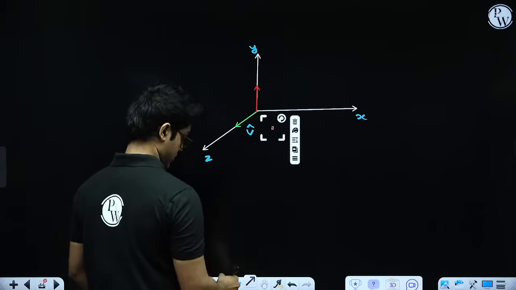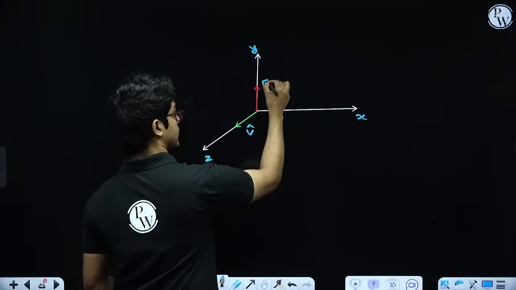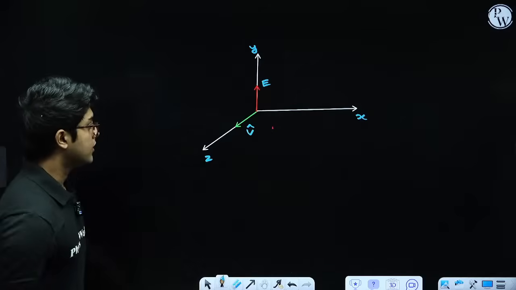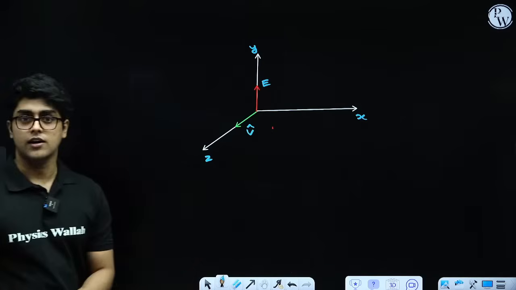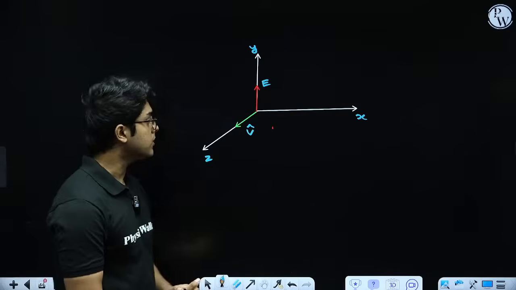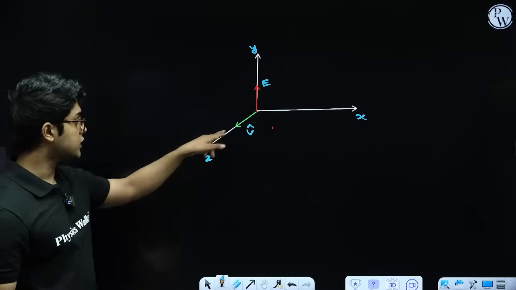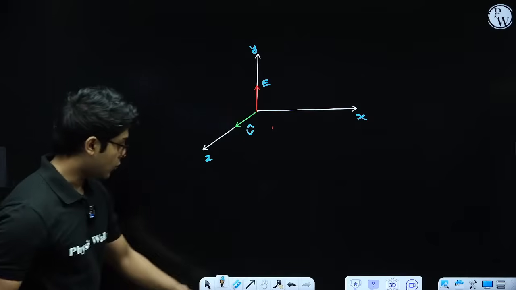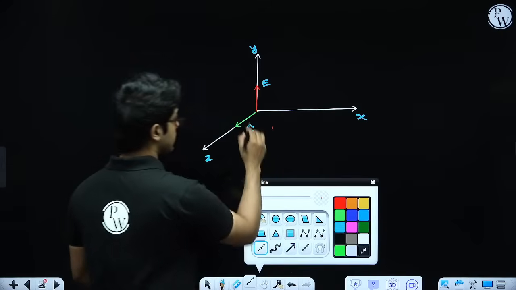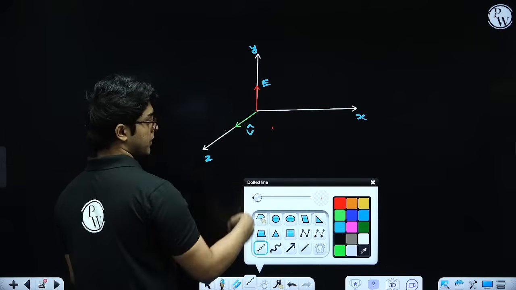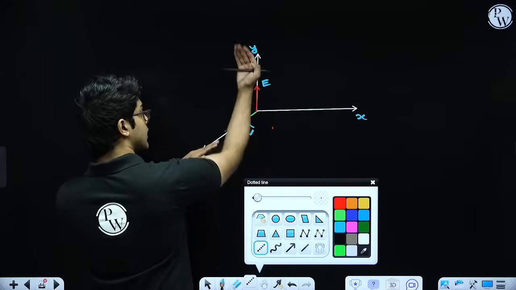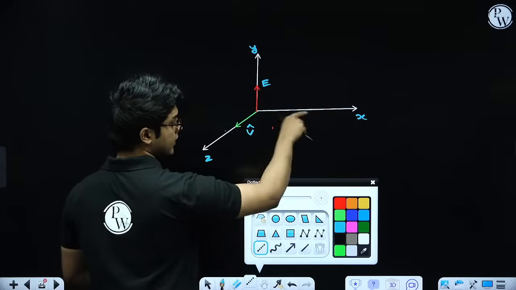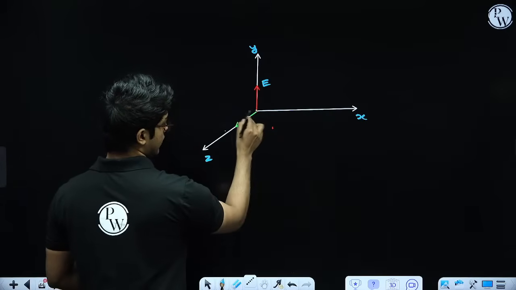This is a simple, straightforward fact that you should remember: the wave propagation is along the direction of E vector cross B vector. Of course E, v and B are mutually perpendicular. So if v is along z, E is along y, then B will be either along plus i or minus i.